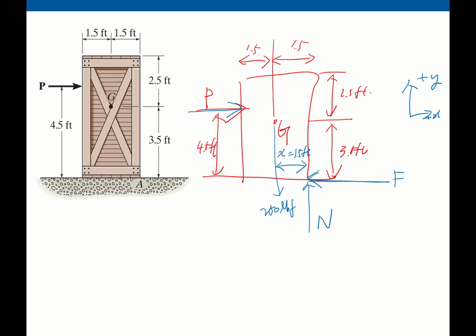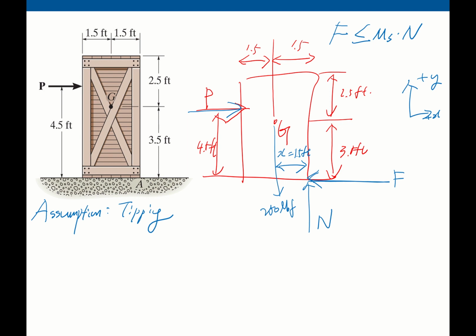So let's make an assumption. This one will tipping. So tipping means our frictional force is less than or equal to mu s times normal force. It can reach the maximum static frictional force.